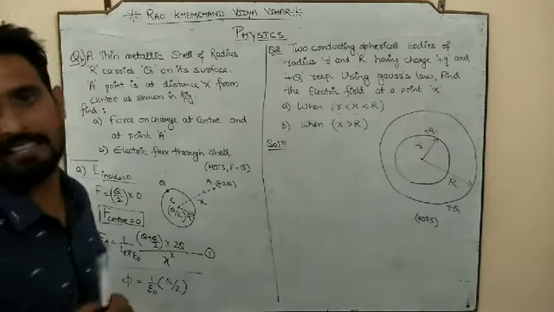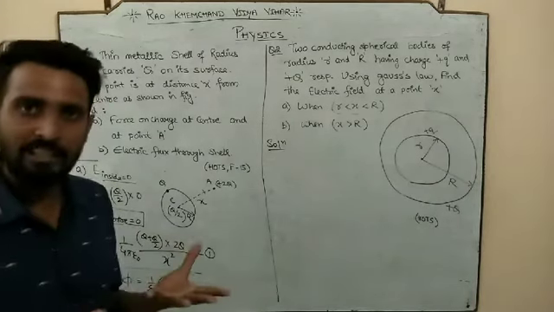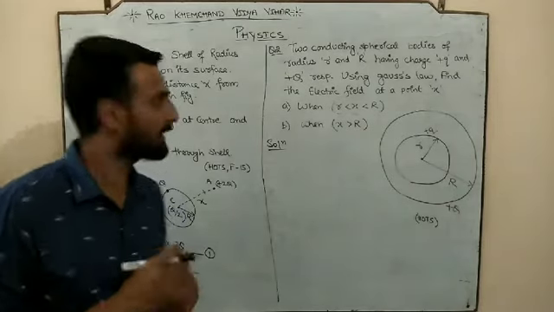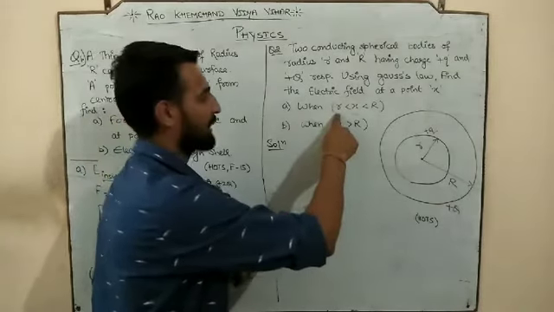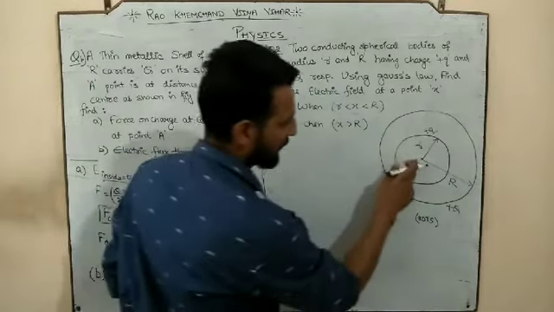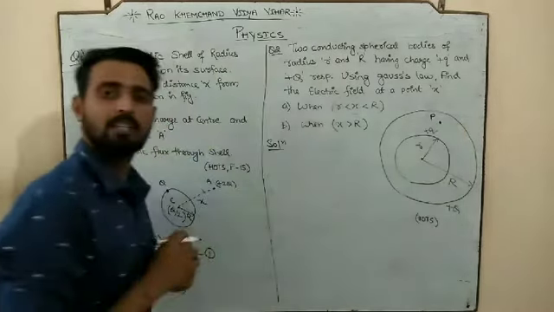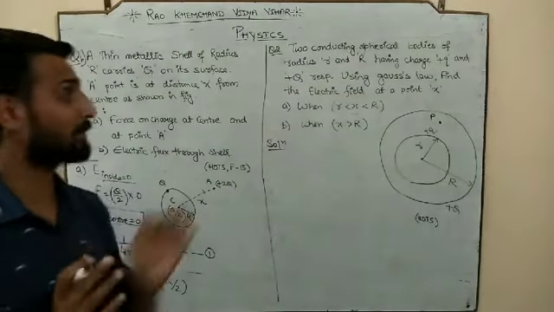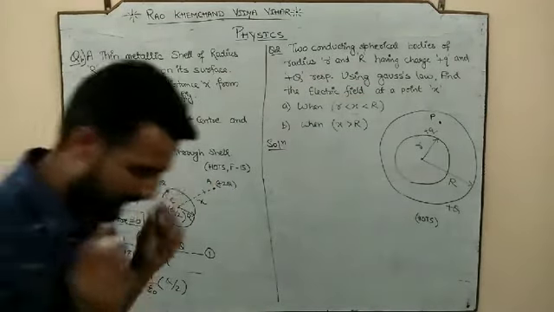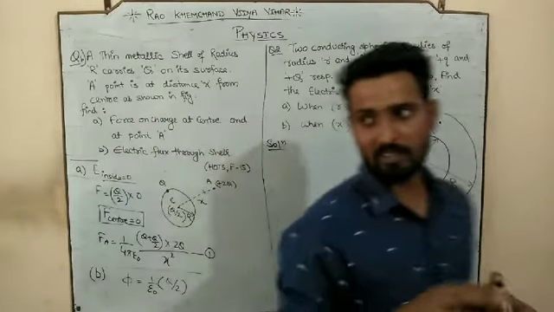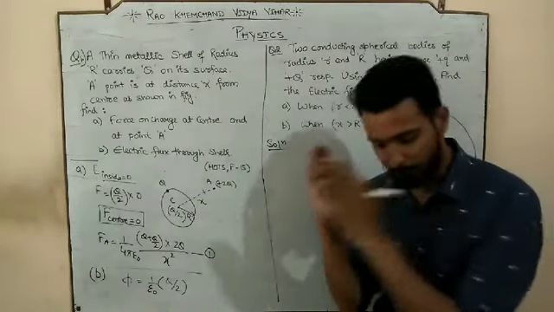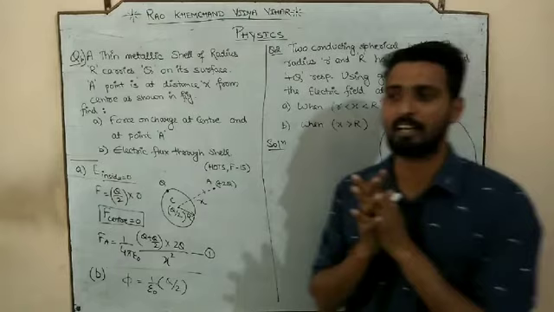Can you locate that point? Where should that P point be, जो x distance पे है center से? Greater than small r but less than capital R. I think here. So we have to find the electric field here, but by using Gauss's law. As I told you, previously we were doing the derivation of the third application.